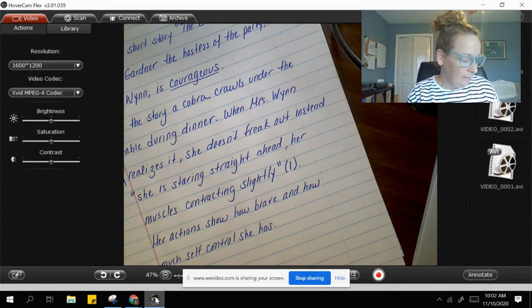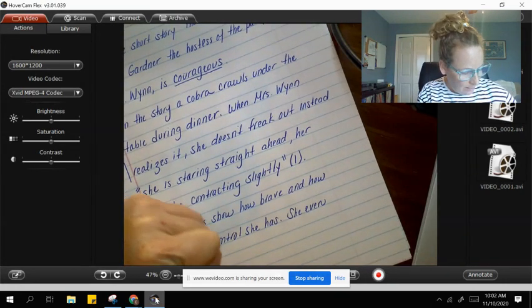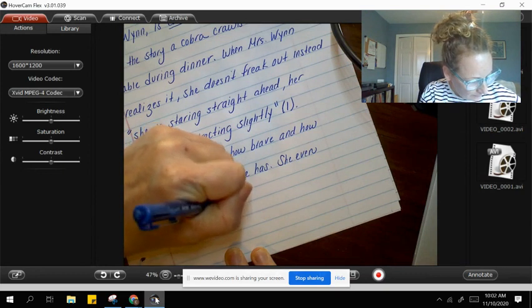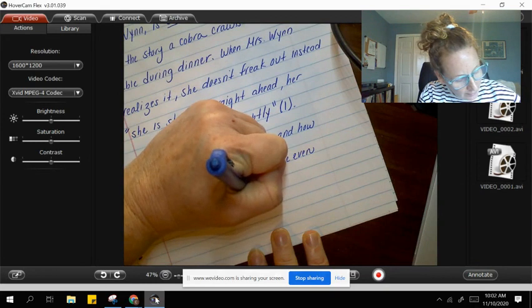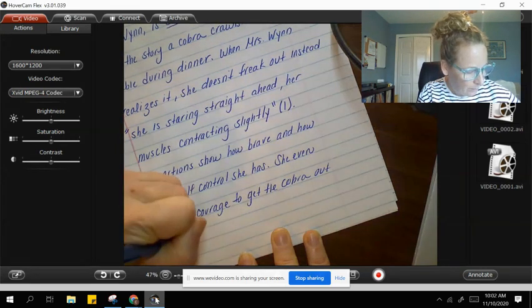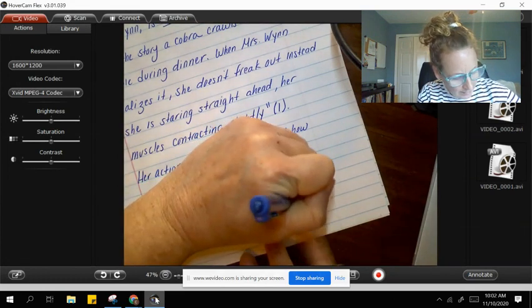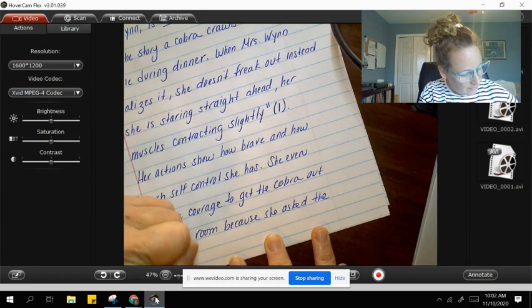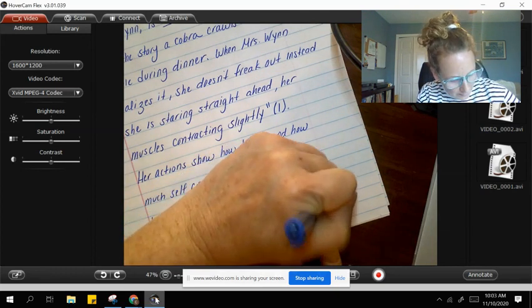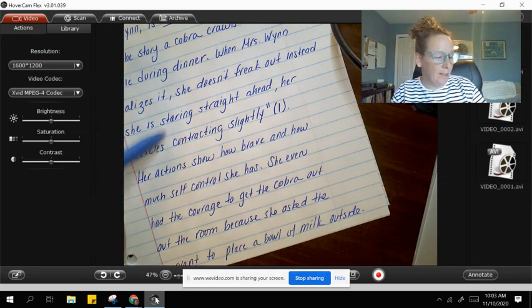So, she even had the courage to get the cobra out of the room because she asked the servant to place a bowl of milk outside.